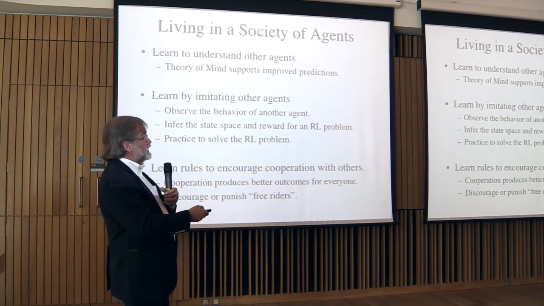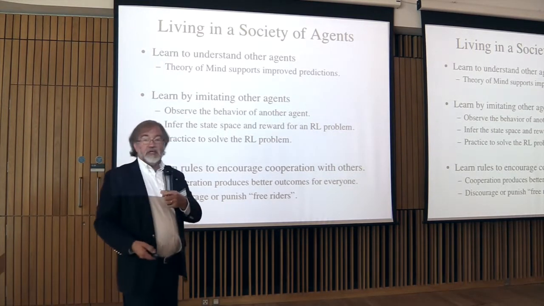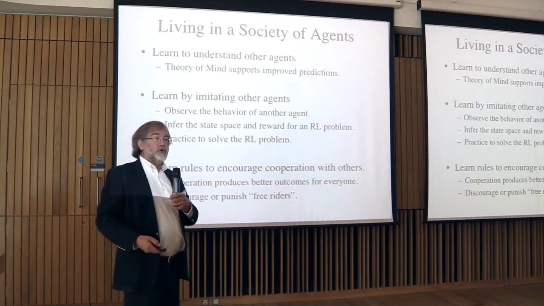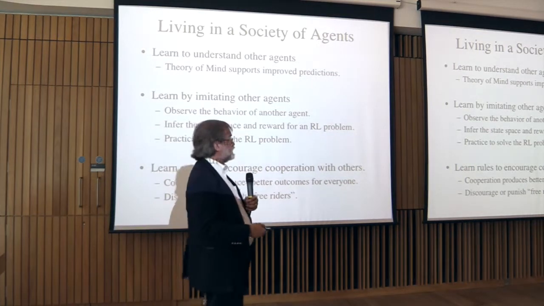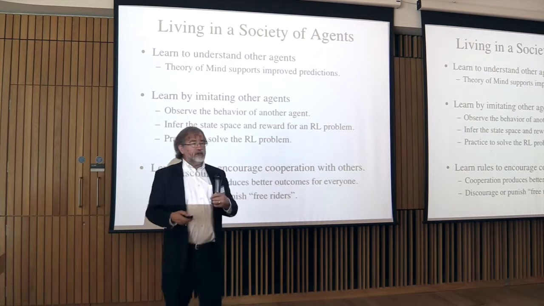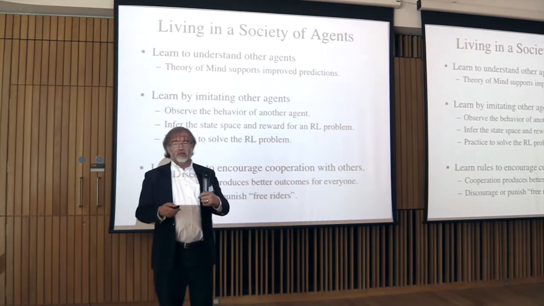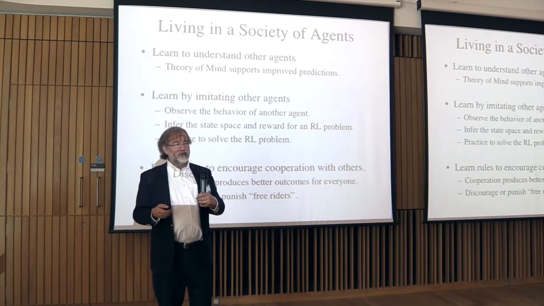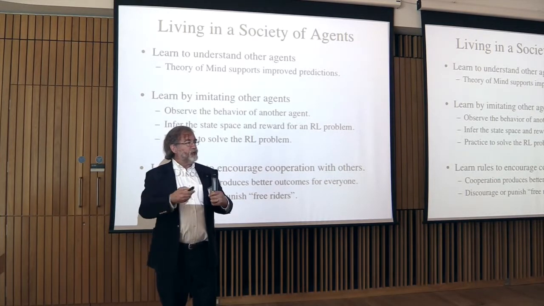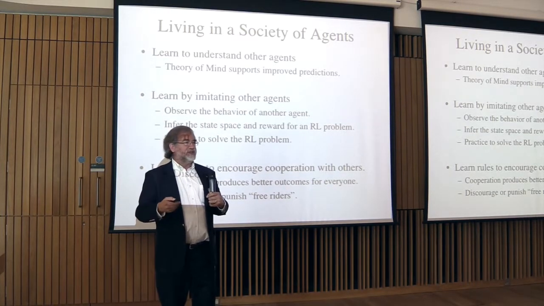Another issue is learning by imitating other agents. So if I observe you doing something and I wish I knew how to do that thing, the question is, how do I practice that?